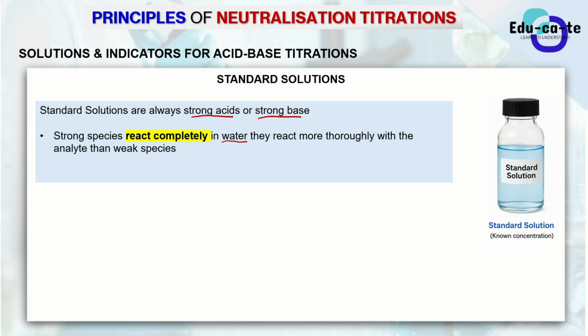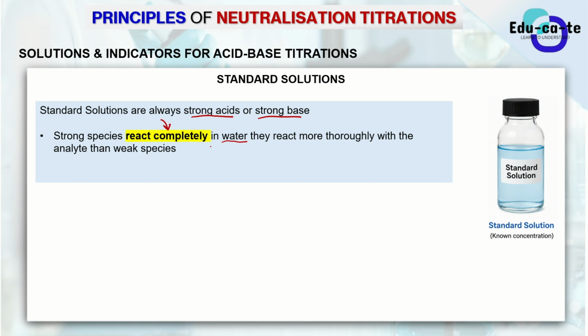The stronger acids ionize completely in water so that they can release a greater concentration of hydronium ions. So all strong acids and bases dissociate completely, their ions separate completely in water.